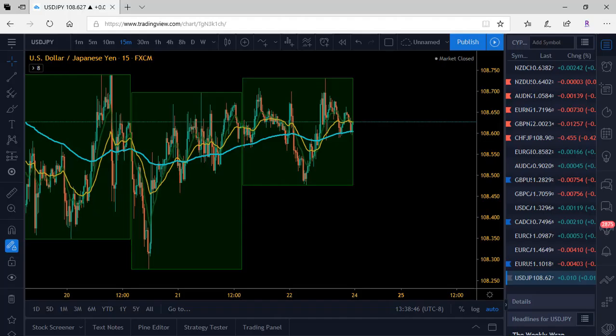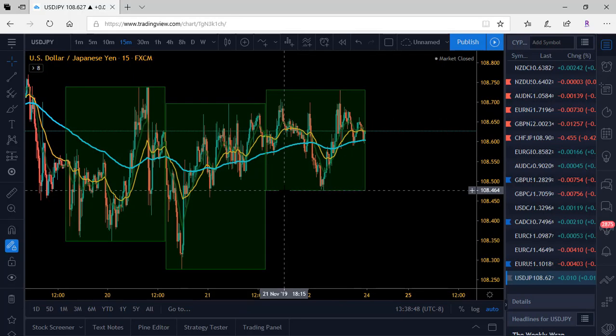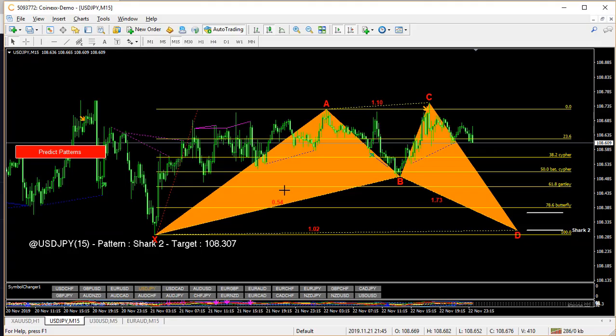Okay. So all I'm doing now is copying this pattern into TradingView and identifying the X to A move and so forth.